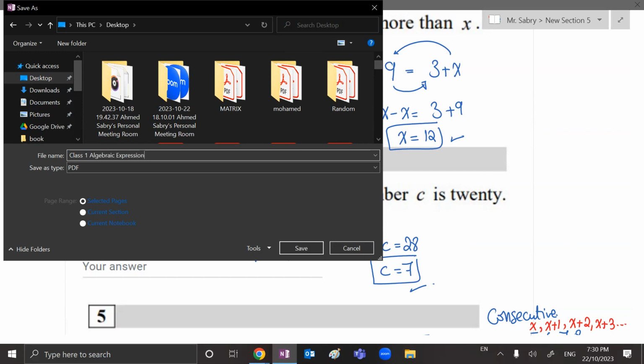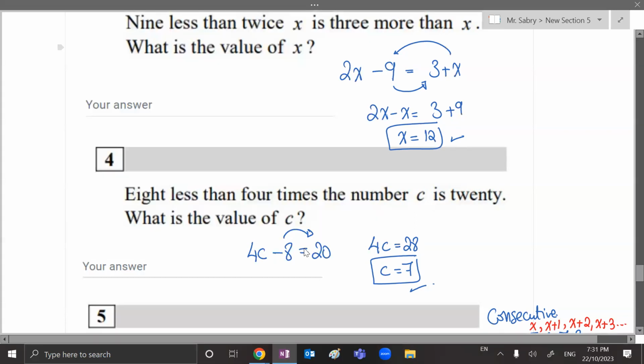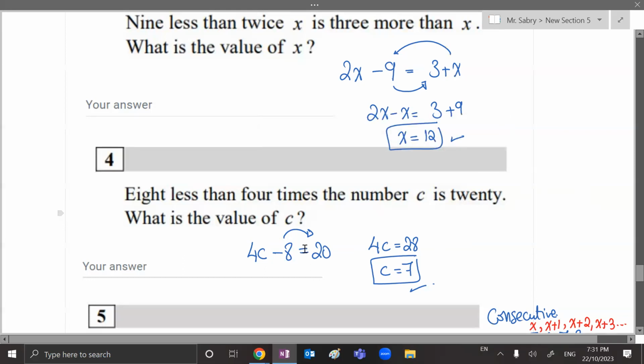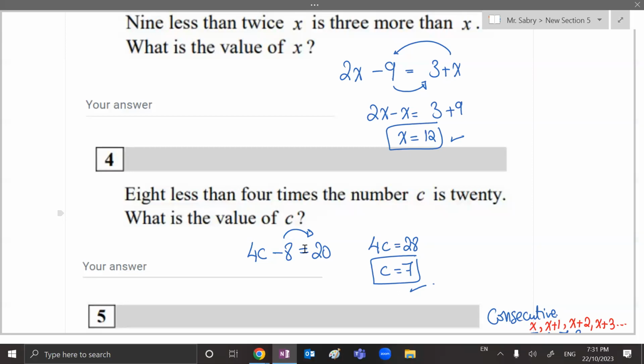Starting maybe third or fourth class, we could start right away working on full tests. The reason why I'd like you to get used to working on full tests is because in the actual test, it's never the same concept right after each other. It's always very different topics that move from 1 to 2 and then 2 to 3 and so on. So one of the skills that we need to learn and get used to is to move from one topic to the other easily and quickly. Okay?